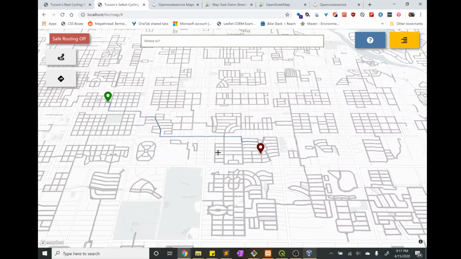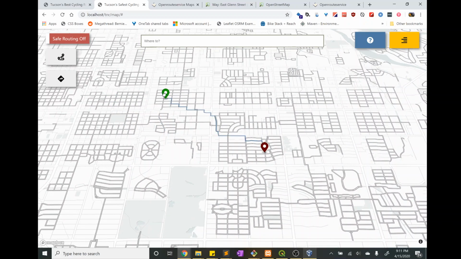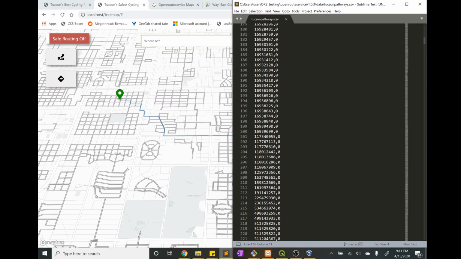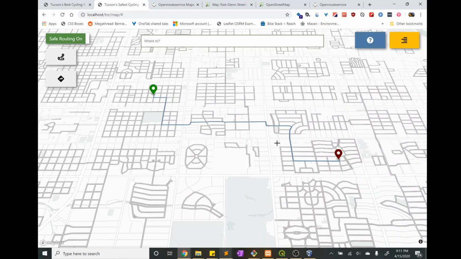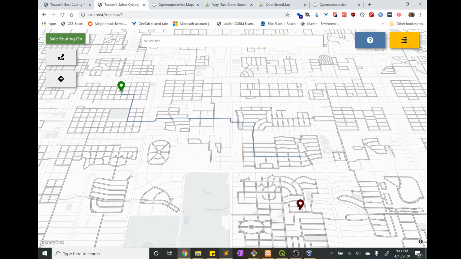bicycle routing into it to test through, and Openrouteservice allows for weighting of networks based on OpenStreetMap way ID numbers. So basically I just assemble a list of way IDs that I want to weight, and then bake that into the algorithm, and voila, I can have a customized routing network here.